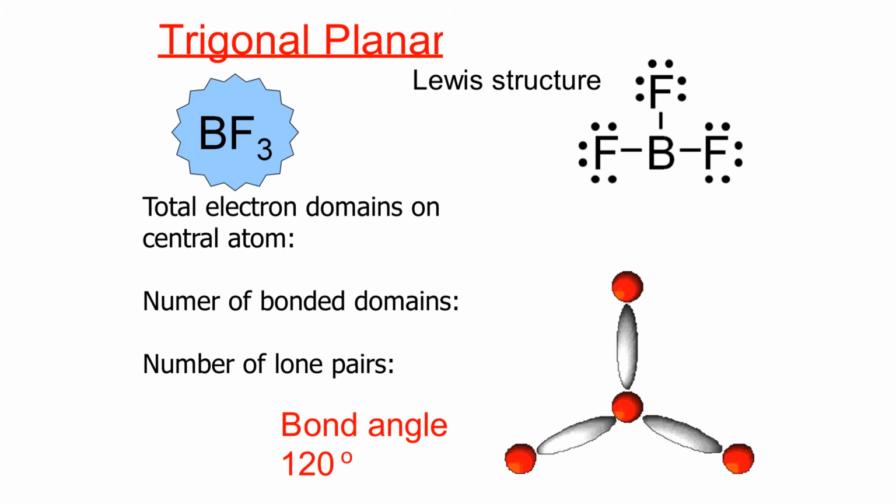That term trigonal always reminds me of triangle, and planar is going to mean within the same plane. So it's going to be a little bit more flat than another structure we're going to see later on in the video. The Lewis diagram we're looking at here is for boron trifluoride.